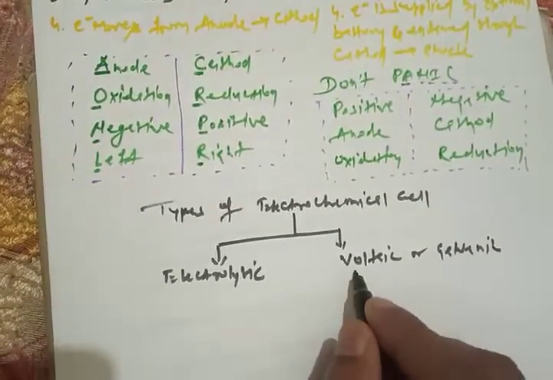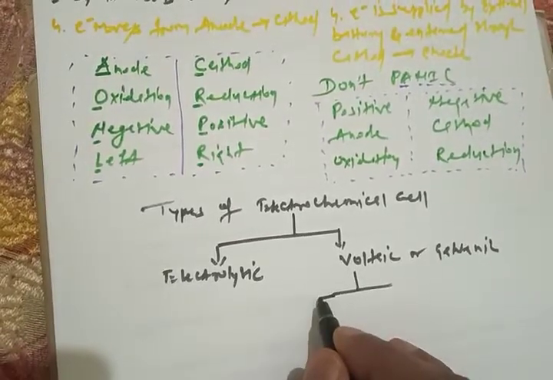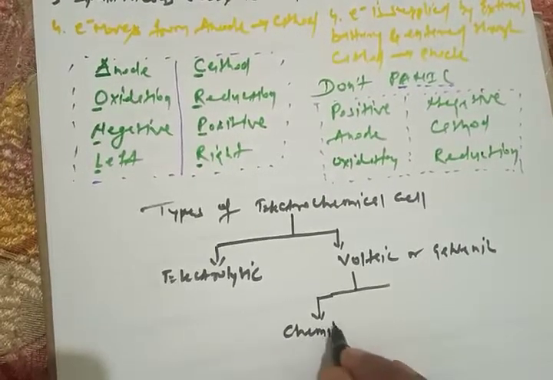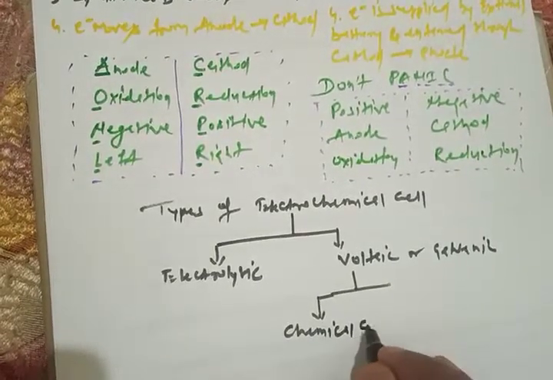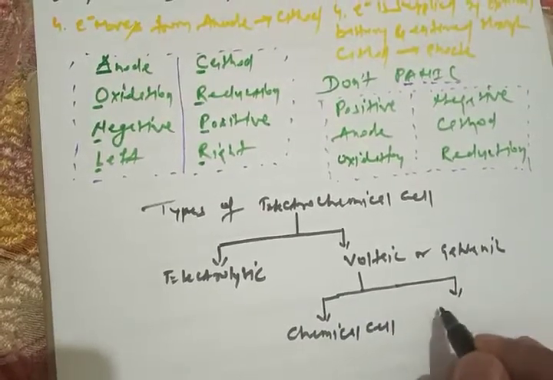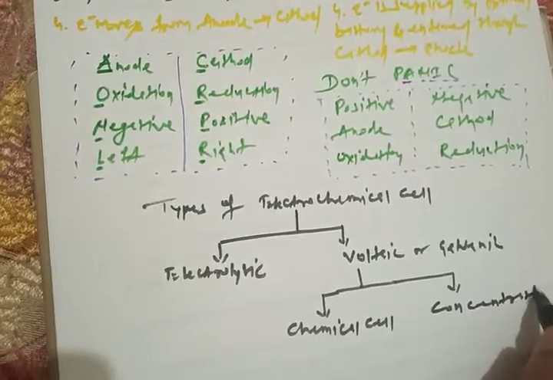Then the voltaic cell is divided into two types again. The first is the chemical cell, and the second one is the concentration cell.